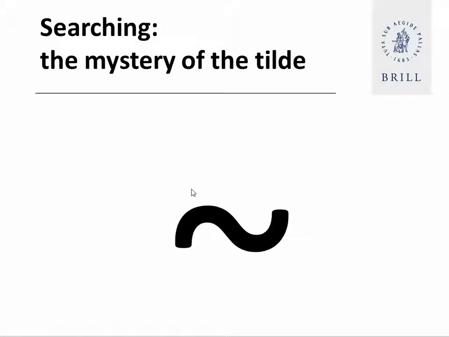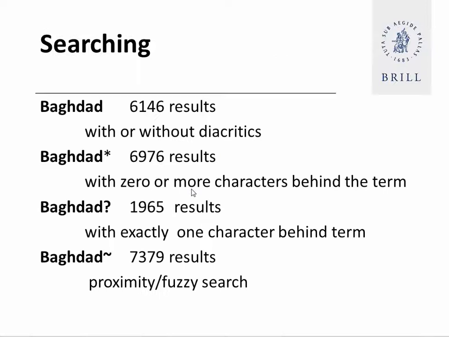The mystery of the tilde. Searching in Brill Online is different from searching on Google. One of the reasons is that we have a few options that are not so common in Google, and if you don't know this, it can be very frustrating because you can't find what you're looking for. For instance, if you look for Baghdad in the normal way, you'll find over 6,000 results in Brill Online.